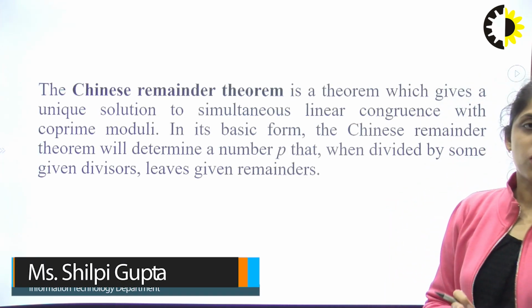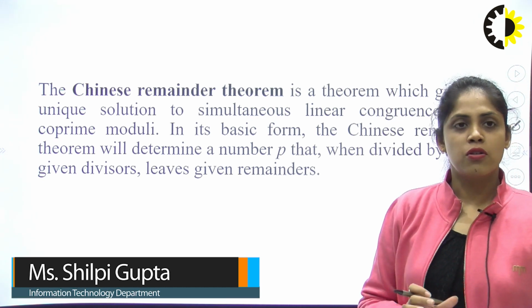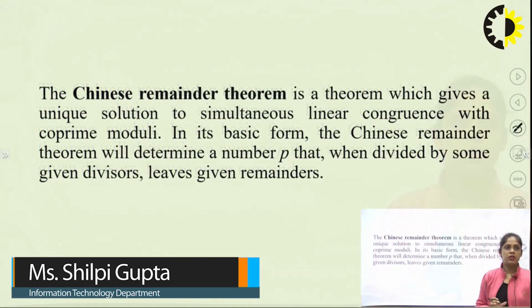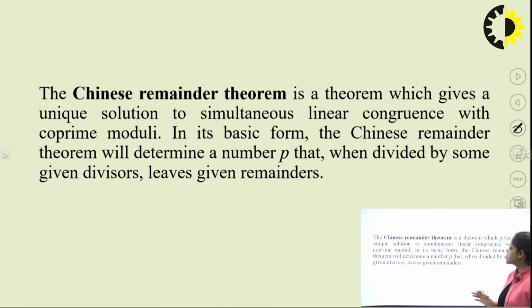First of all, we will talk about the actual definition of what this Chinese remainder theorem says. It is a theorem which gives a unique solution to simultaneous linear congruence with coprime moduli in its basic form. The Chinese remainder theorem will determine a number p that, when divided by some given divisors, leaves the given remainders.